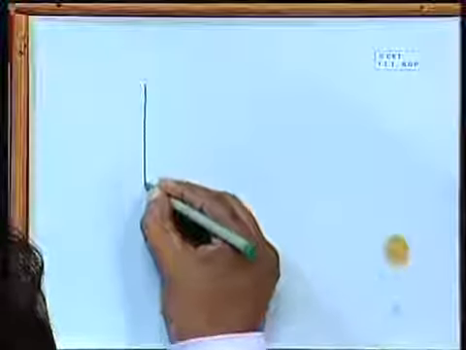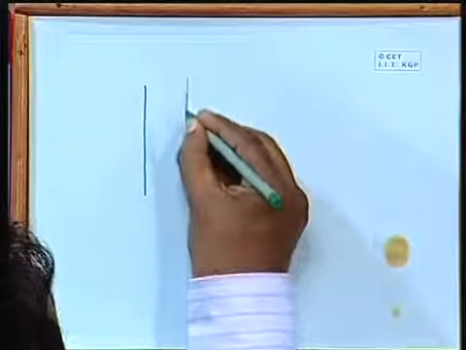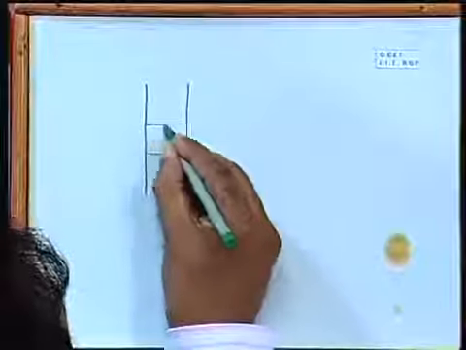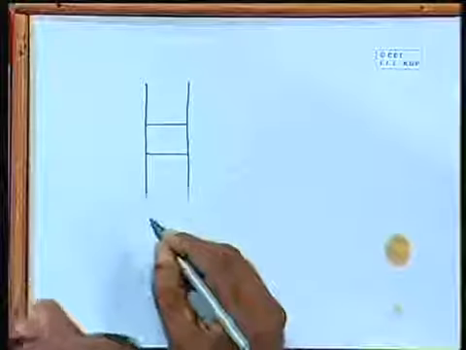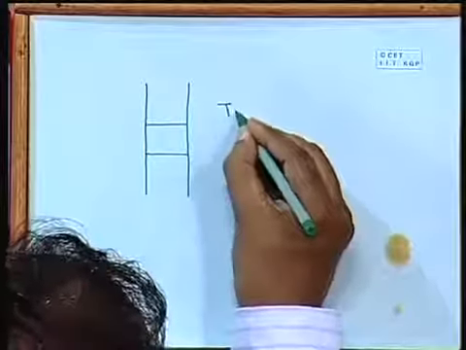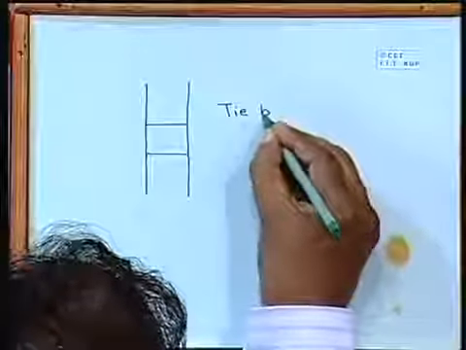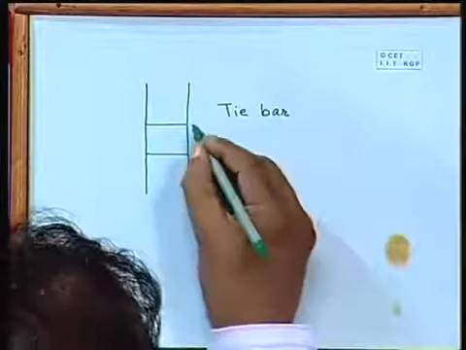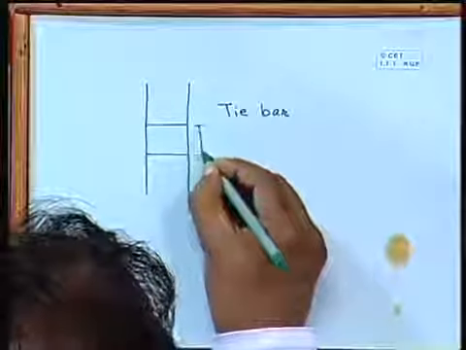So these are your longitudinal bars going up, and we have to provide ties, say like this. We have to provide the diameter of the tie bar, and the spacing. This is called spacing.